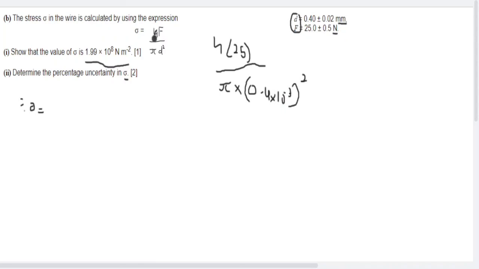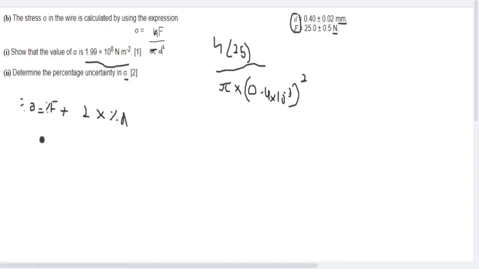I will ignore this 4 and this pi. Why? Because they are constants. So ignoring 4 and pi, the percentage uncertainty in S would be equal to the percentage uncertainty in F plus 2 times the percentage uncertainty of d. I'm multiplying this d with 2 because this d has a square.